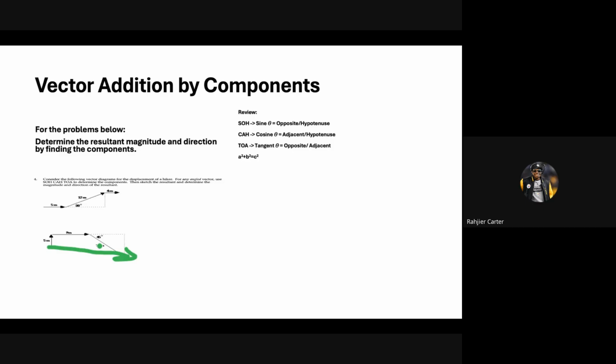I was going to say at the top of the triangle, but you're right, it would be at the bottom, because where did I finish? Let me follow the path. The arrows actually tell me where to go. Displacement, very much so, here to here. We need to find that. But to find that, we need to figure out what's this length here and what's this length here to complete it.